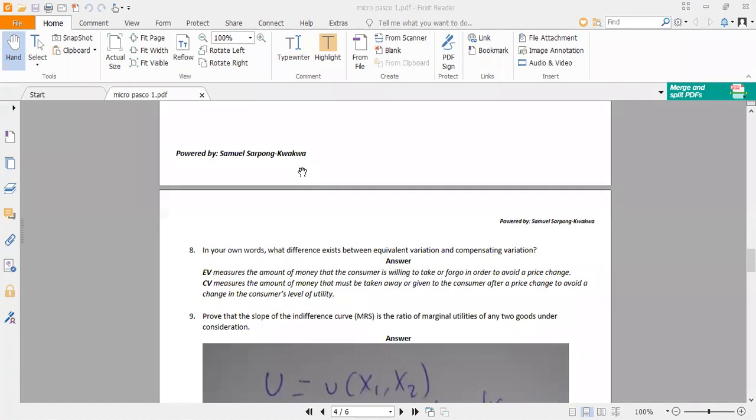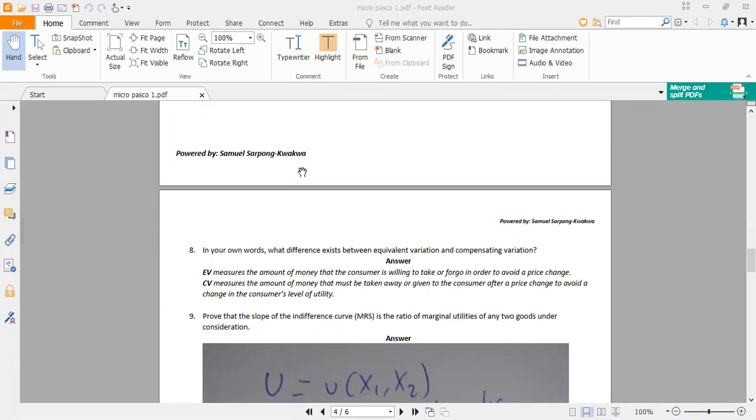Then for compensating variation, just assuming there's an increase in price. If there's an increase in price, we've seen that there's going to be a reduction in the consumer's welfare. So if we don't want the consumer's welfare to reduce as a result of an increase in price, we need to give the consumer an amount of money so that he can come back to the initial welfare level, the level of satisfaction.